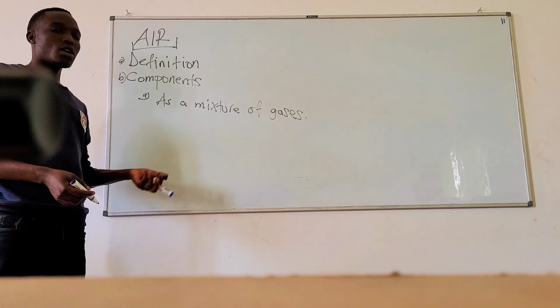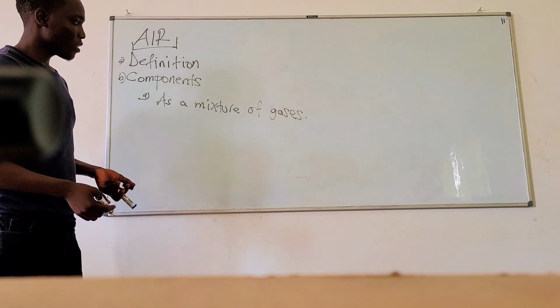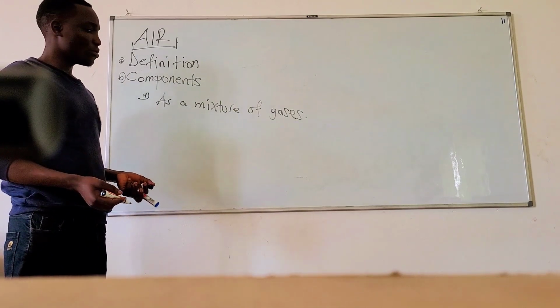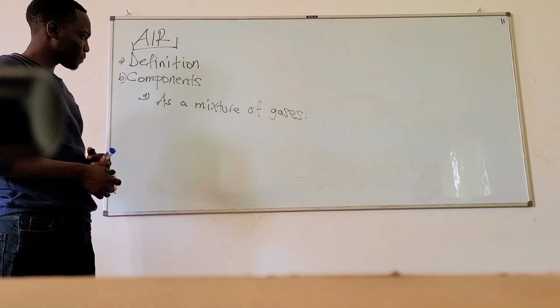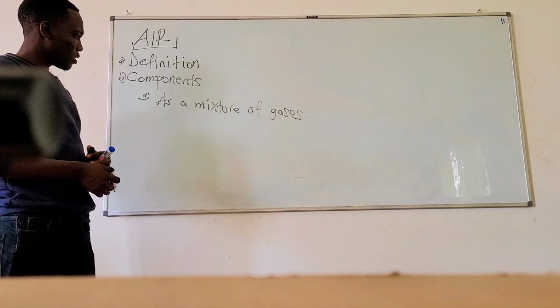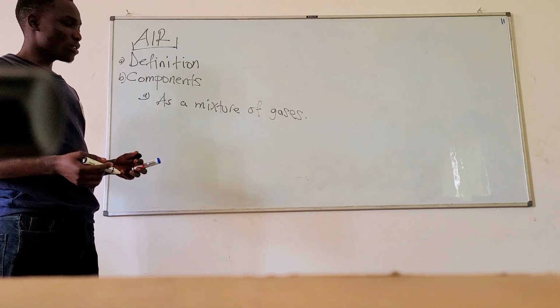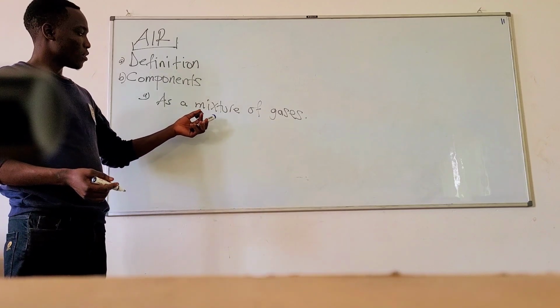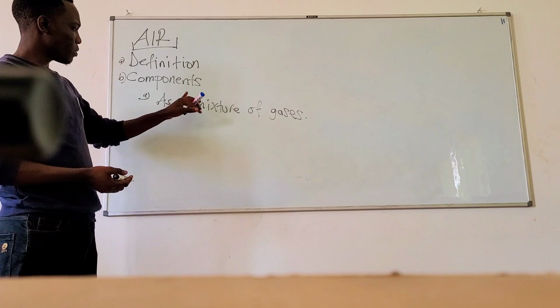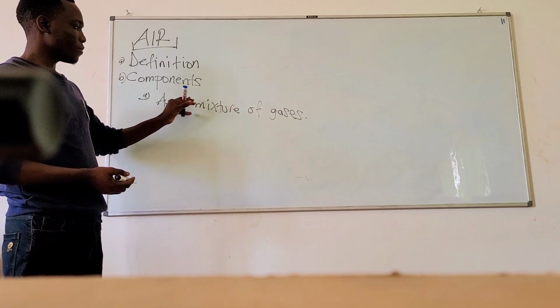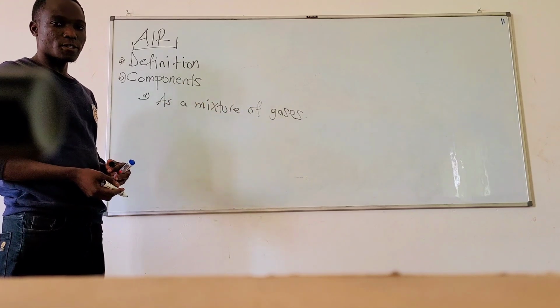Some are compounds that mix, and some are simply molecules, but they are a mixture of gases. Others talk about a coating of the atmosphere as air, but I want to follow mainly the definition of a mixture of gases.